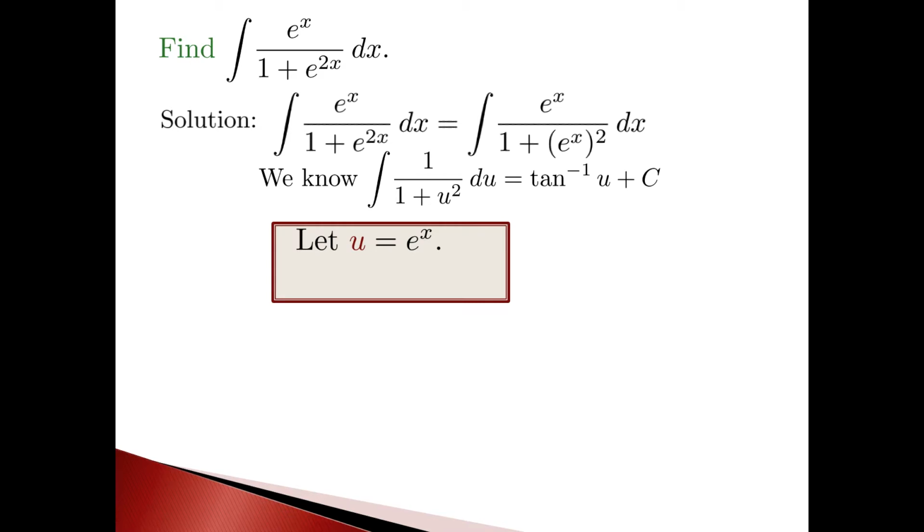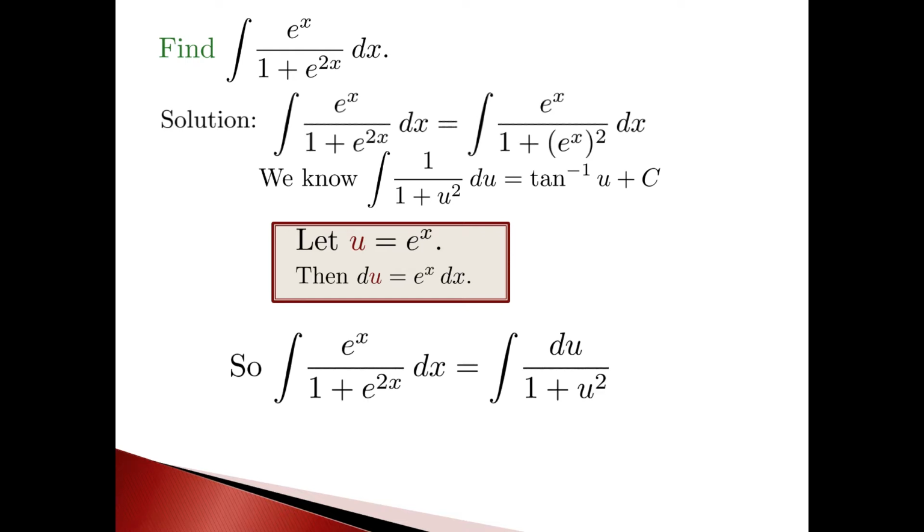Again, how do I know to let u be e to the x? It's not the e to the x in the top of the fraction that I'm letting be u. It's the e to the x inside that parentheses that I'm going to let be u. So if u is e to the x, then of course du would be e to the x still, and dx. Now that e to the x that I get from the derivative is going to be taken care of by the e to the x that's in the top of the fraction.